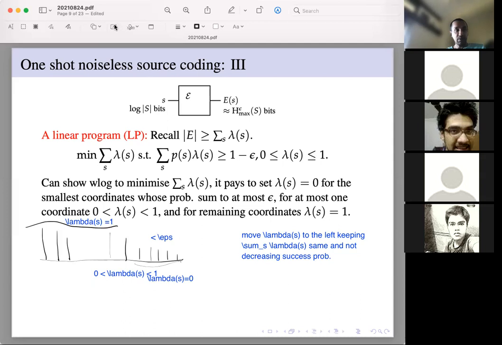So by the LP constraint, I can say that whatever mass has been left out has to be at most epsilon. Correct. Did everybody get that? Yeah, that's the proof.